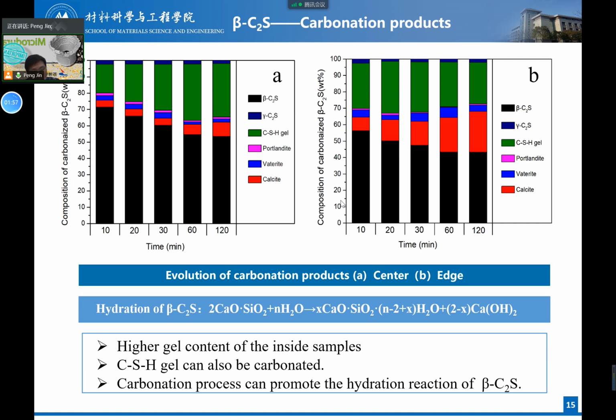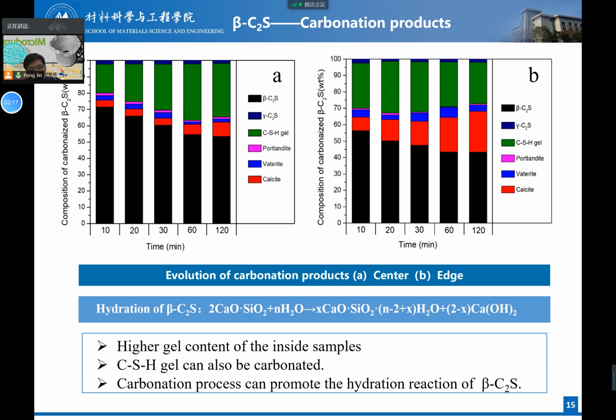Then portlandite is carbonated to form calcium carbonate, while presumably CSH gel can also be carbonated because of the less content of CSH gel at the edge of the specimens.